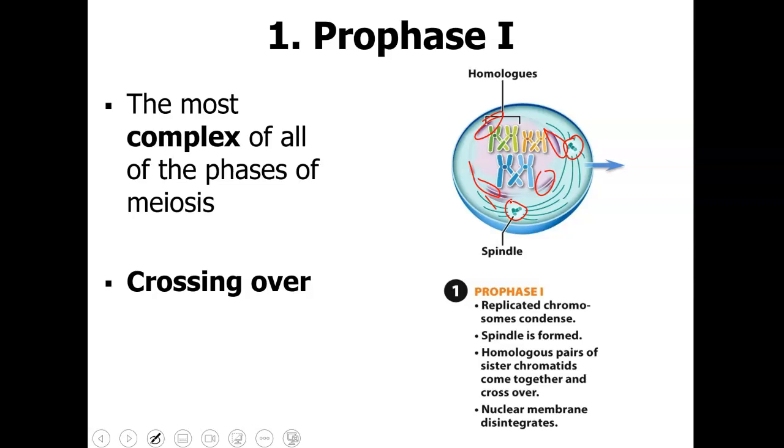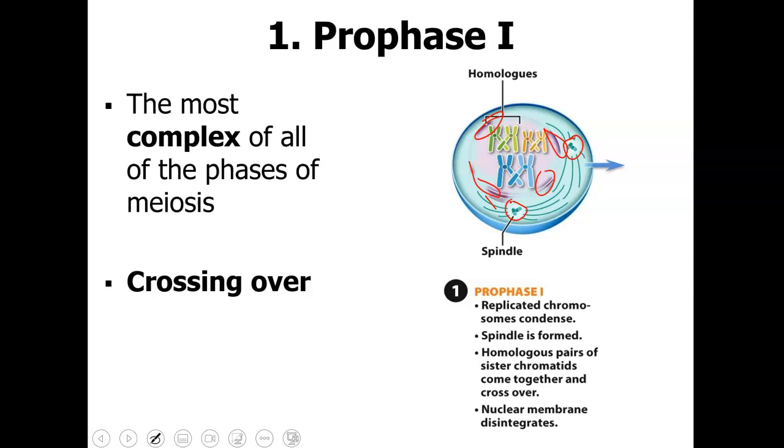Also, one other important process is going to occur here. This, by far, is going to be the most complex of all of the processes and is a very important process. This is where crossing over occurs.